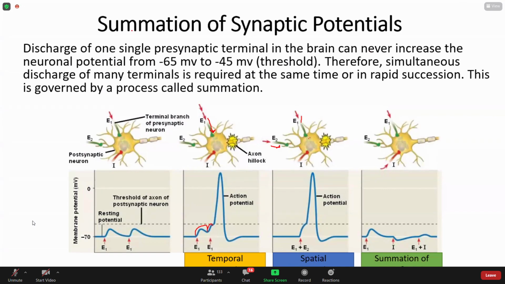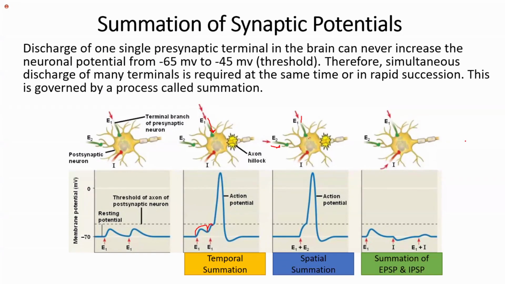What's the reversal potential for the end plate muscle cell? 0 millivolts. Okay. Cholinergic receptors: when the muscle cell is at resting state and acetylcholine is bound to the cholinergic receptor, which ion will flow? Sodium. And sodium would do what?